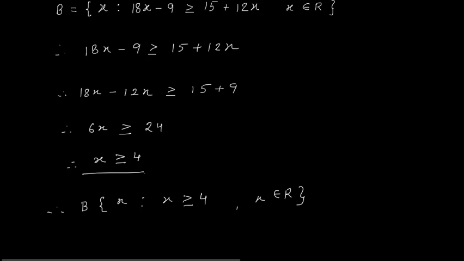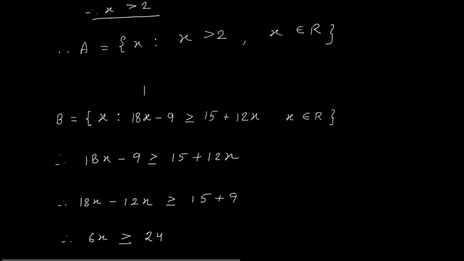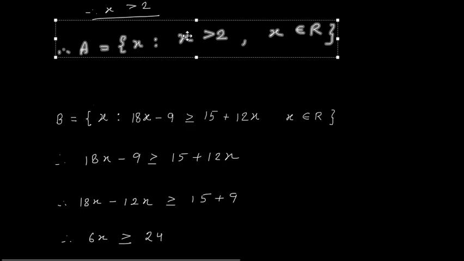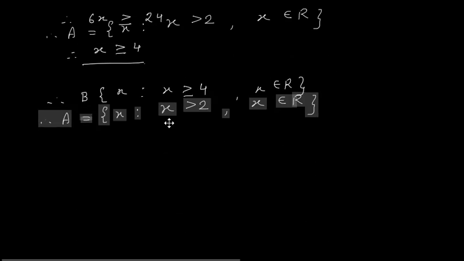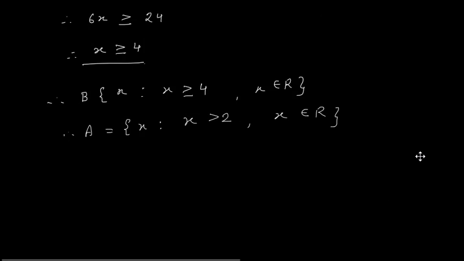So you have B and you have A. This A part, we will see A and B. These two parts we have. Now we have to find A intersection B. So therefore A intersection B will be equal to, I will say that it is set of all x.